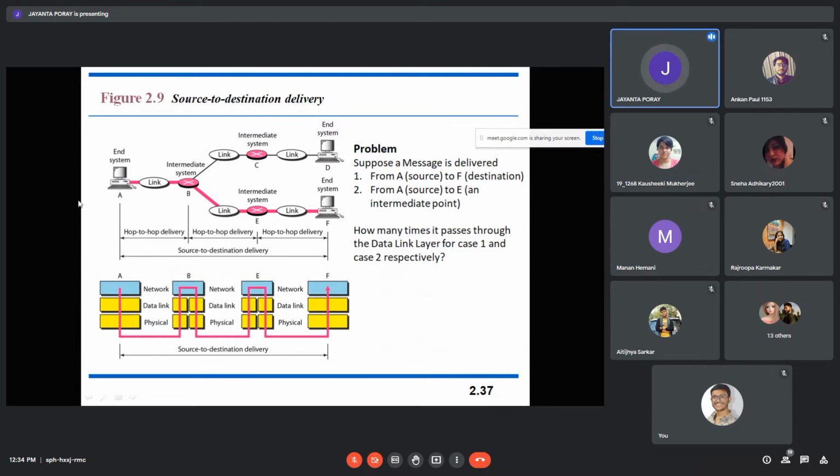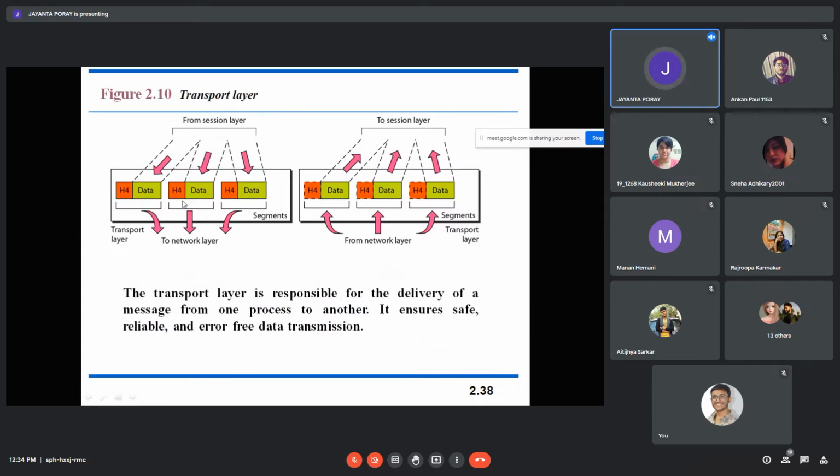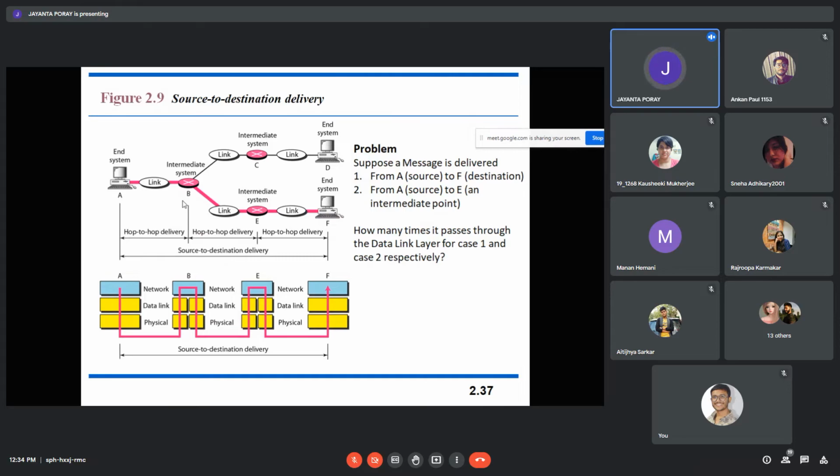Suppose I have these routers and routing point infrastructures like this. The network layer is a typical example of source to destination delivery. Can anyone try this problem?